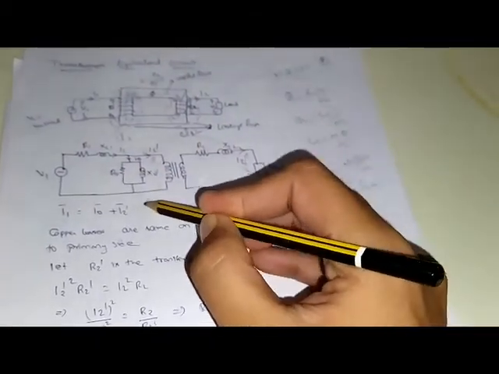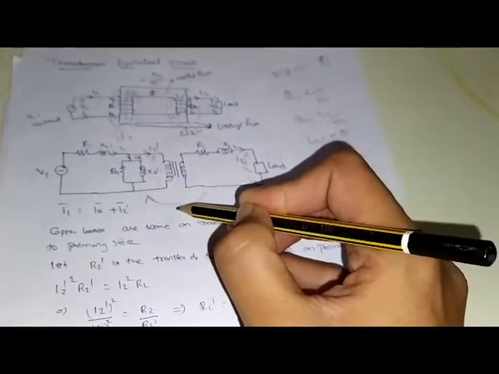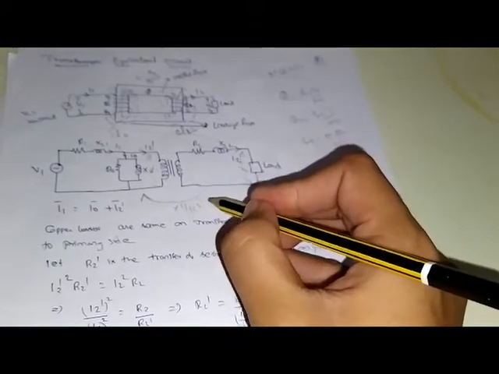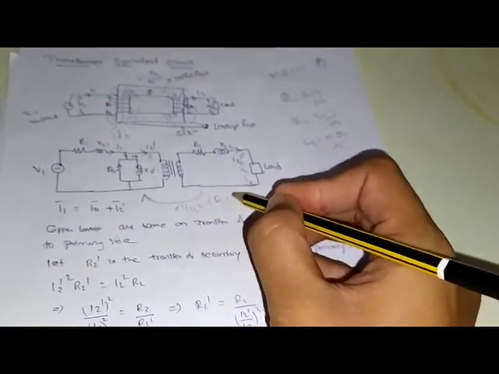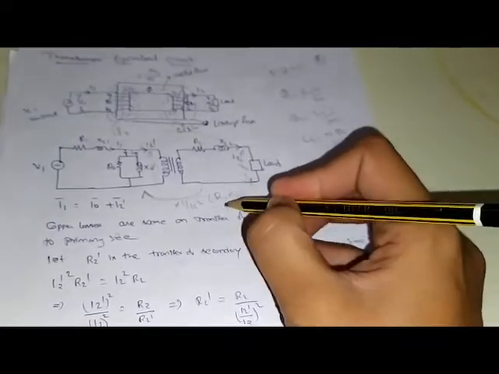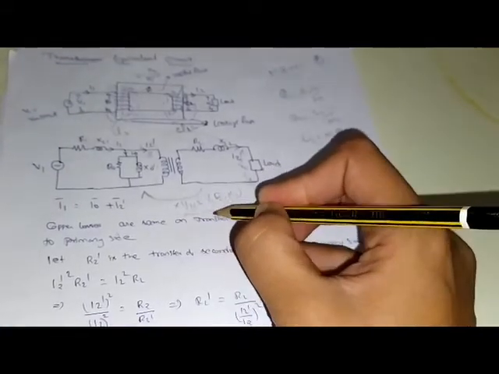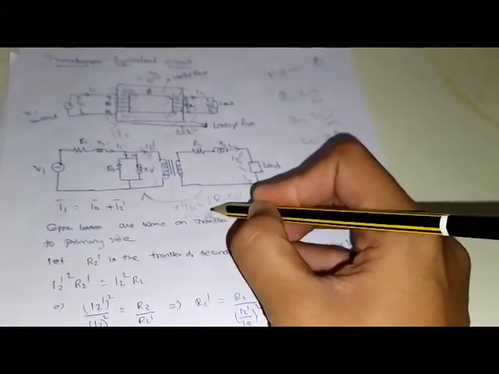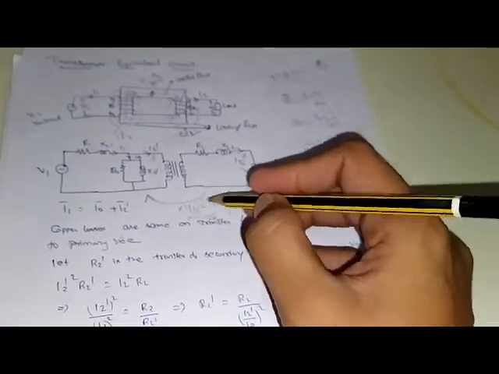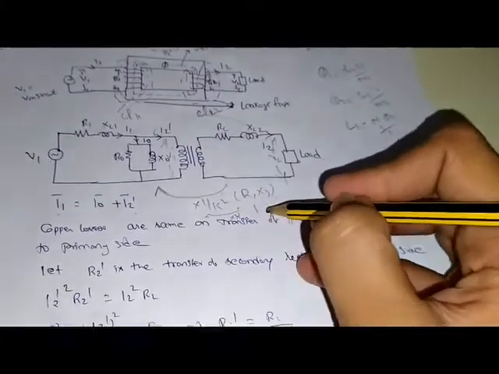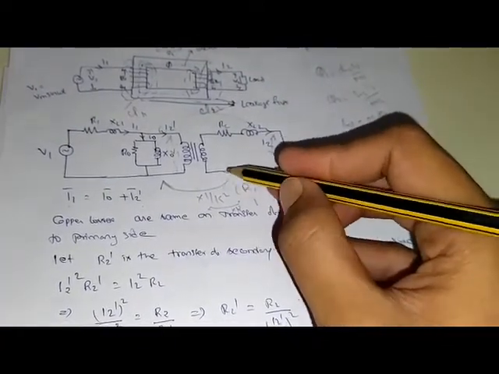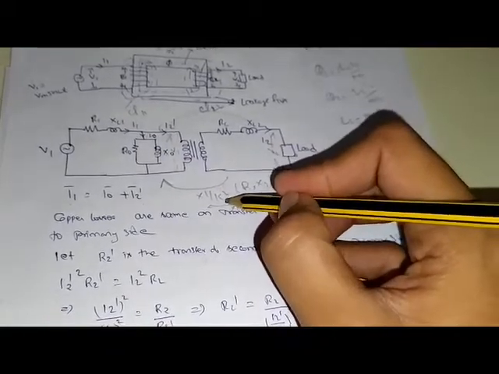If I transfer this one to this one, it is multiplied by 1 by K square. If it is R, X, it should be multiplied with K square. If it is I, it should be multiplied with K. If I transfer current to this side, it should be multiplied with K. If I transfer resistance or reactance from this side to this side, it should be divided by K square.